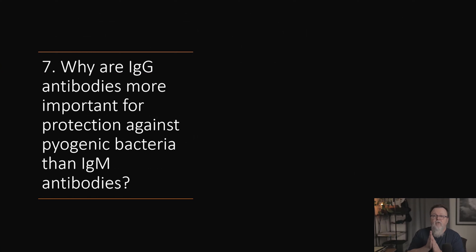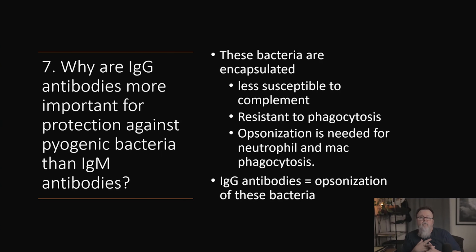Why are IgG antibodies more important for protection against pyogenic bacteria than IgM antibodies? So these are encapsulated bacteria. They're resistant to destruction by complement. They're also resistant to phagocytosis. In order for them to be phagocytosed by neutrophils and macrophages, they need to be opsonized.